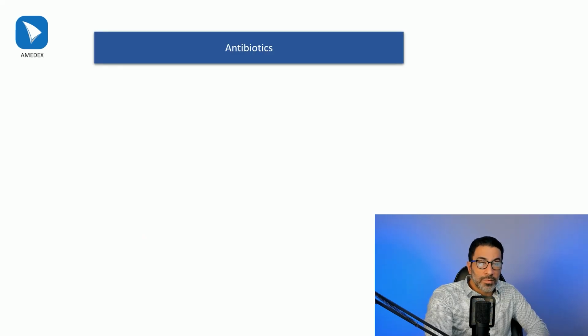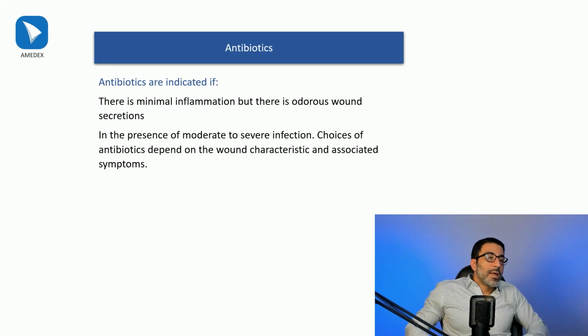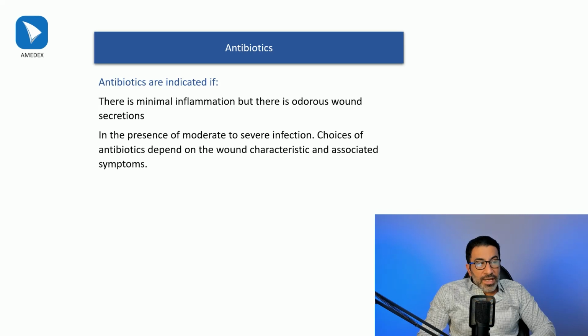I'm going to go through details with this topic because this is very important; we've had a lot of questions revolving around the choice of antibiotics for diabetic foot. First of all, antibiotics are indicated if there is minimal inflammation but there are odorous wound secretions.